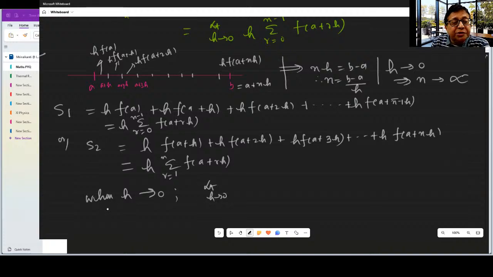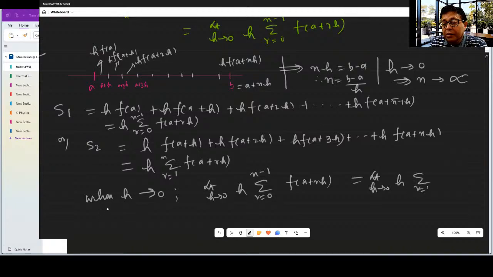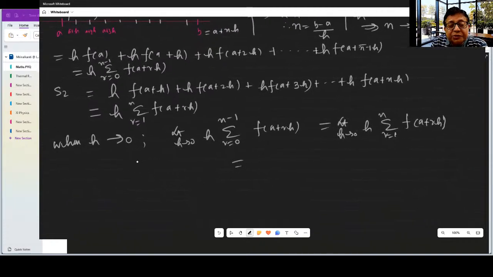limit h tending to 0, h, I mean the first sum, equals with the sum r equal to 1 to n f of a plus rh. Okay? These two sums will be equal, and they are equal to this value, integral a to b f(x) dx.